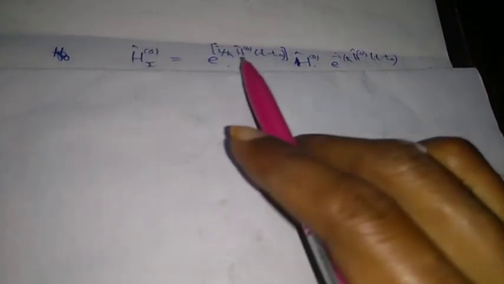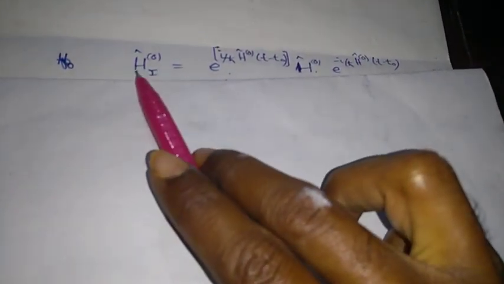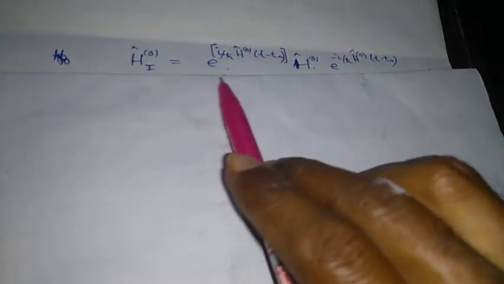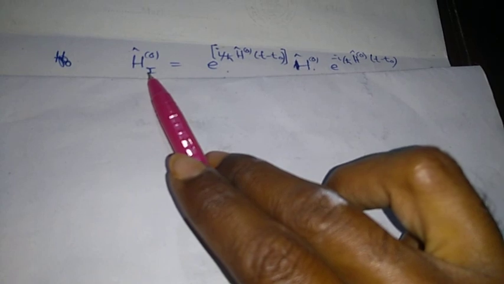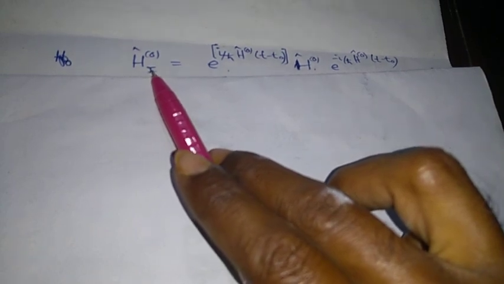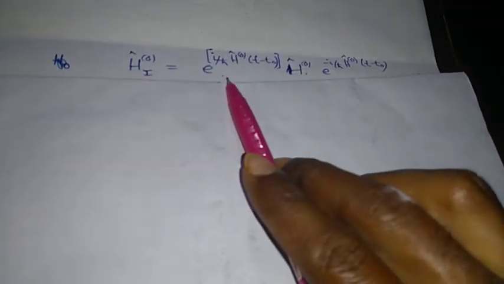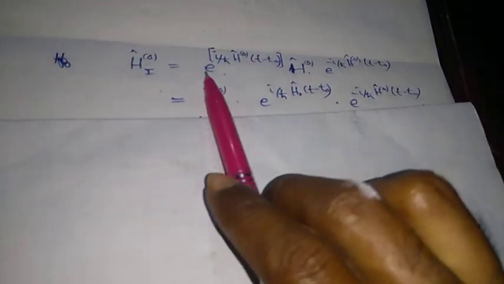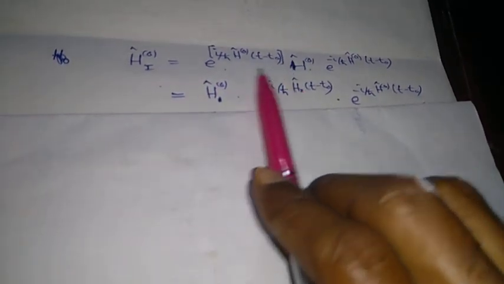In equation number 5, if you take H0 instead of A, then we can write down its expression in interaction picture by using this on the right hand side. Since H0 and this exponential commute, we can write H0 first and the exponential later, and we can see that these two things will get cancelled, giving you 1.